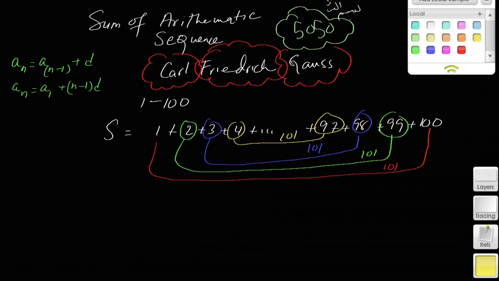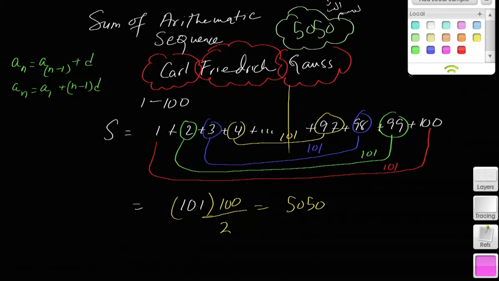So how many 101s are there? He's dividing right in the middle, taking one from here, one from there. There are 100 numbers, so there are half as many pairs, which is 100 over 2, and this is 50.